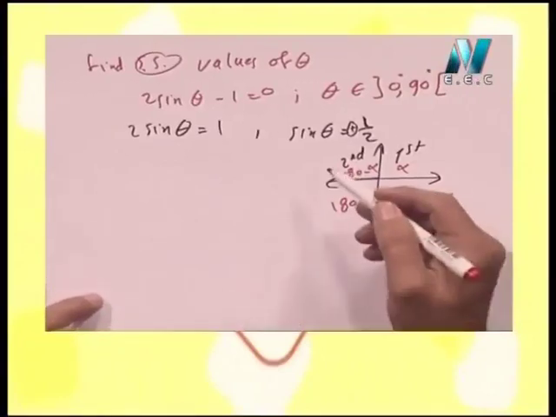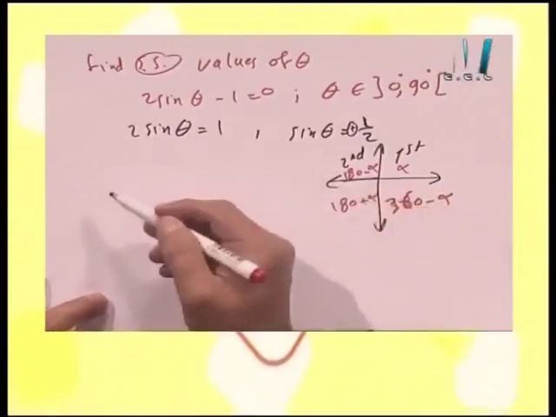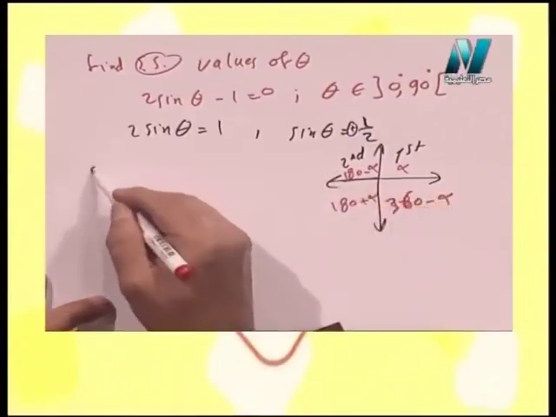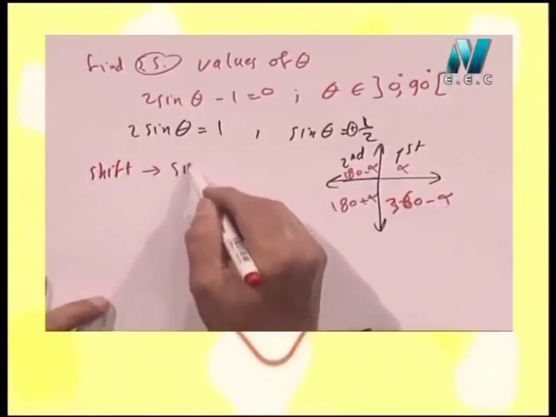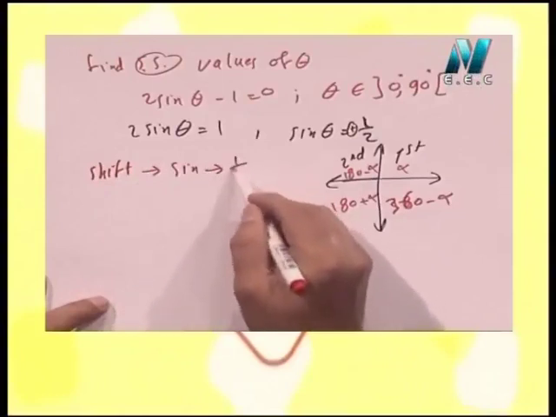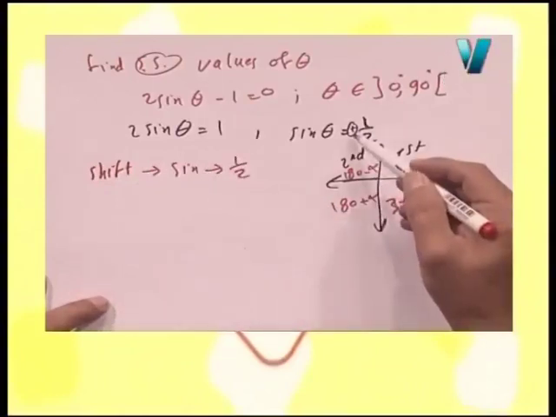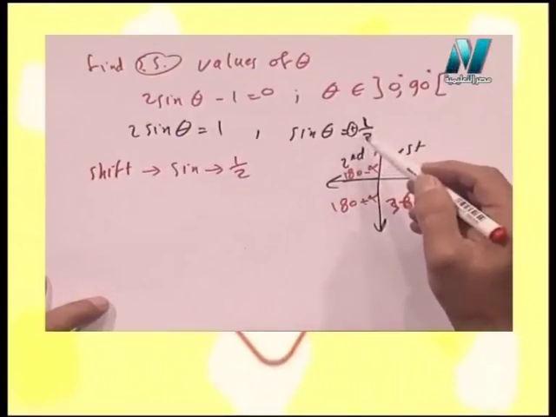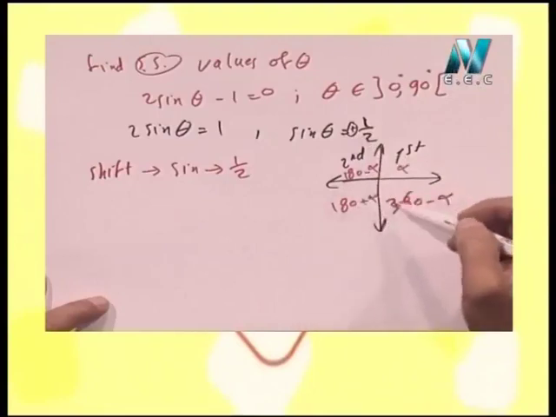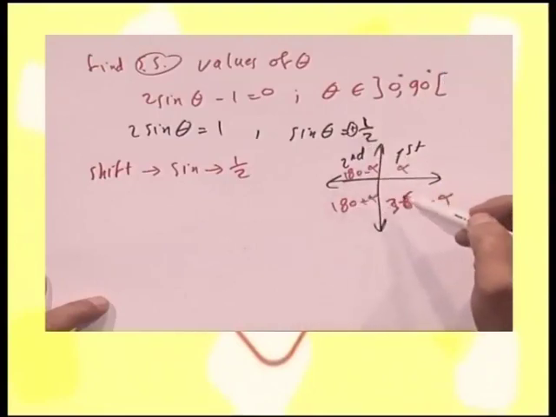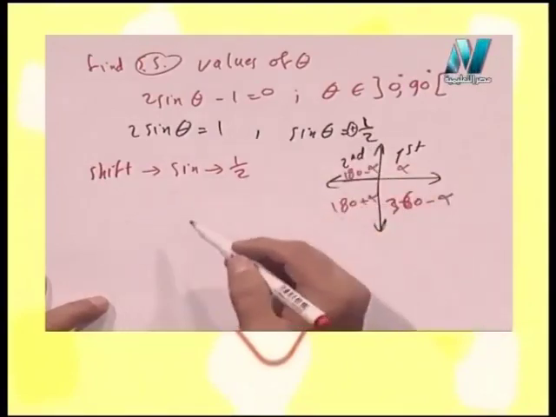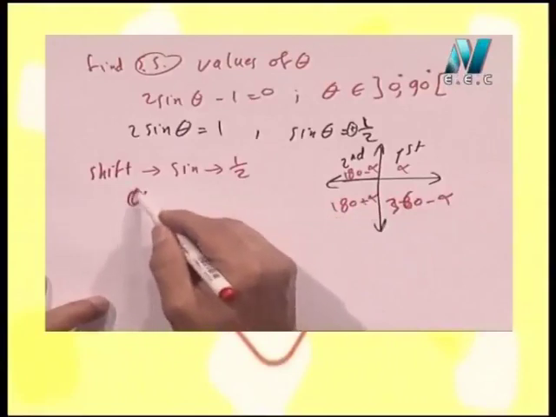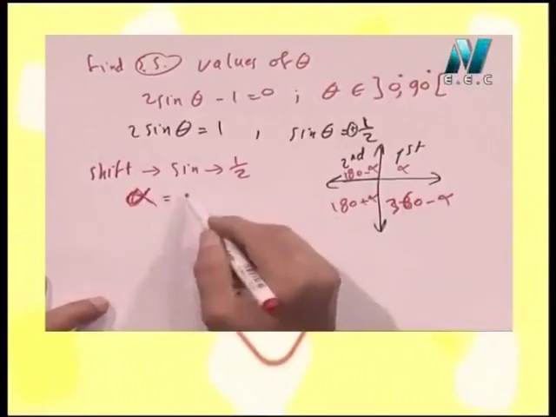Okay, in your calculator you will press the buttons shift, then sine, then we put half. Even if this number is negative, you will not put negative, you will put only positive, because negative or positive will be discussed through the quadrants. So press shift, sine, half, and the angle alpha here will be 30 degrees.